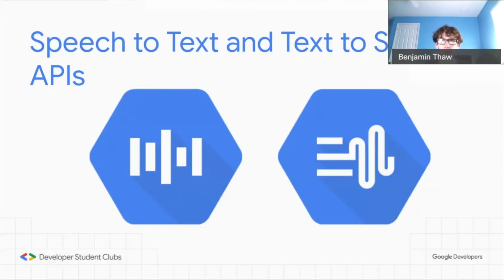In the Qwiklabs quest that you'll be doing once we're done presenting the information after Shing gets back, they use a different name for these. They don't cover the text-to-speech API, and they call the speech-to-text API just the speech API. So just remember that when you're going through it, the speech API is just the speech-to-text API.